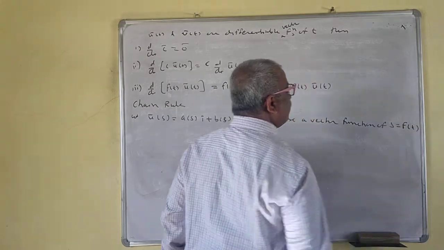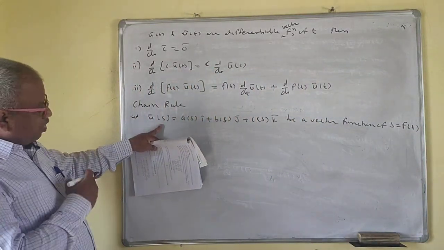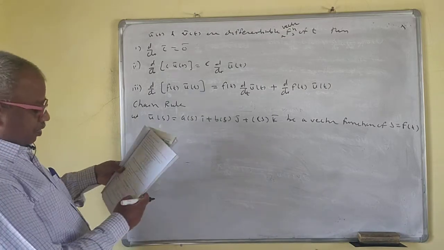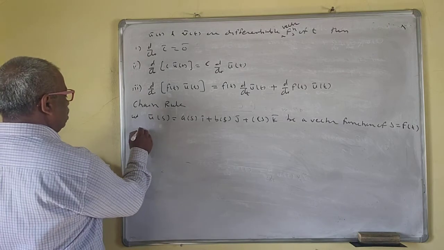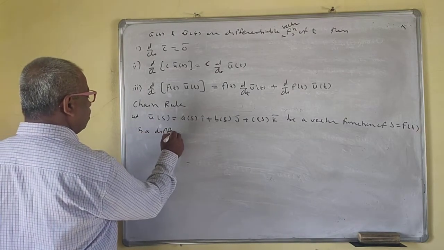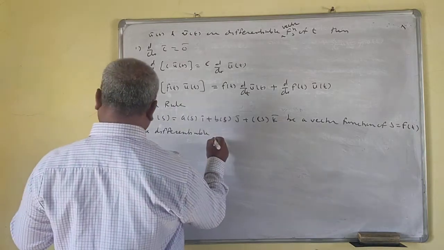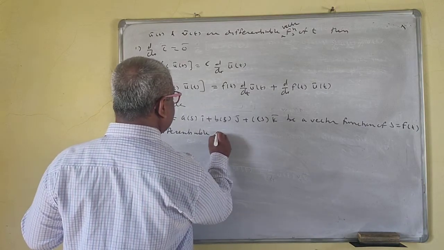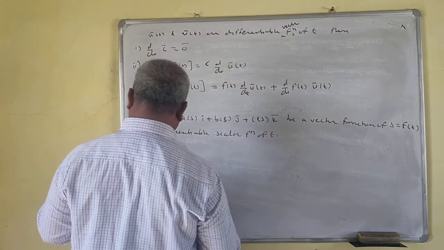So if you put s is equal to f of t, then automatically u of s is also a function of t. It is a differentiable scalar function of t.